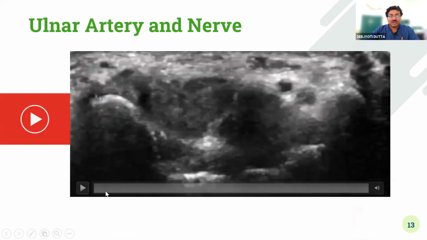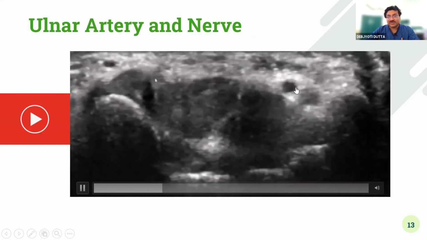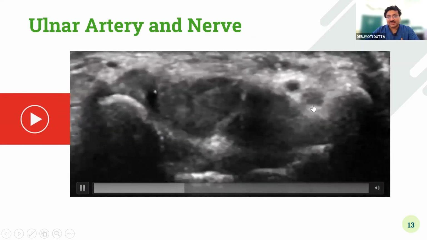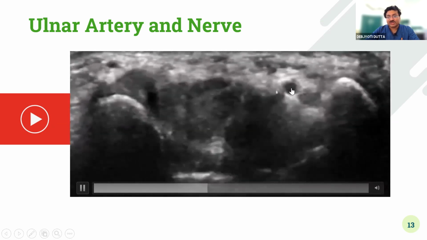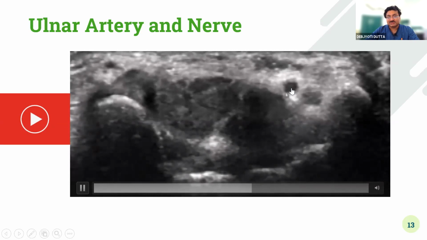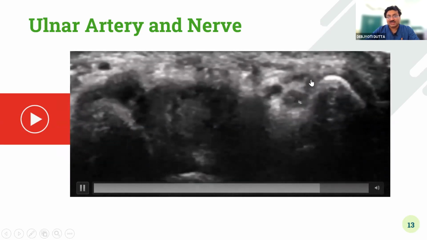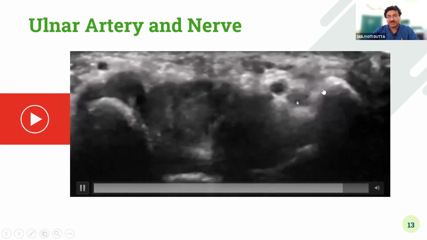So here you can see the ulnar artery and nerve. Okay, at the ulnar side, this is the transverse carpal ligament, and you will be able to see the ulnar artery and nerve here. Okay, this portion is the artery, shown in red, and this portion is the nerve, shown in yellow.